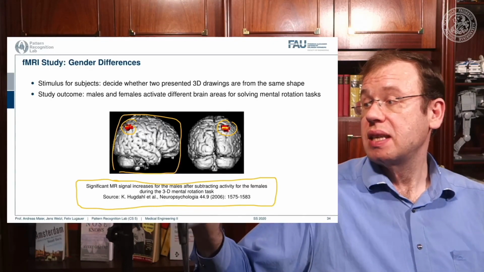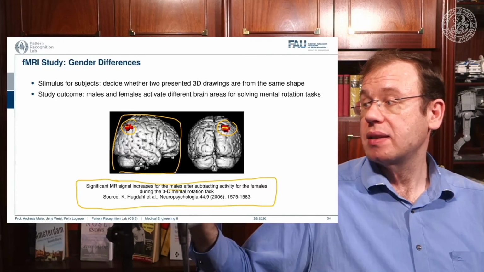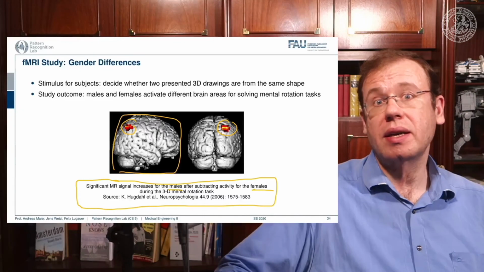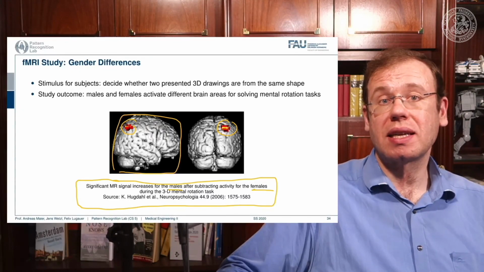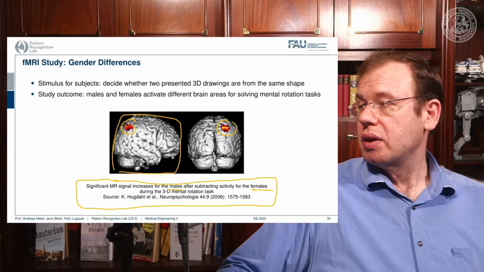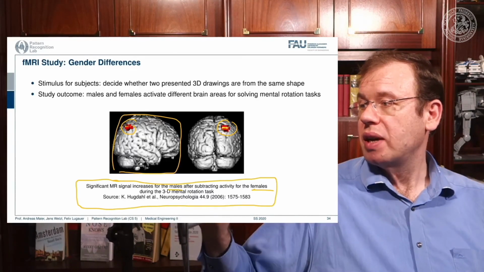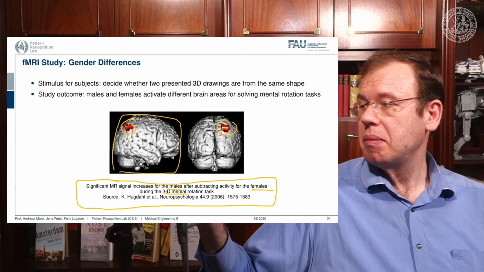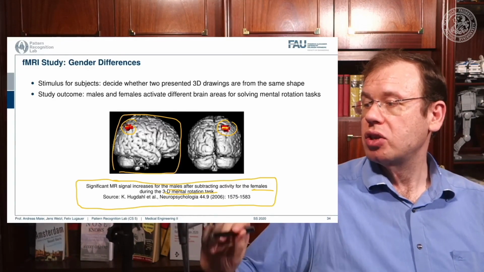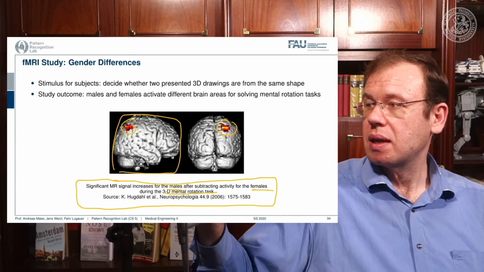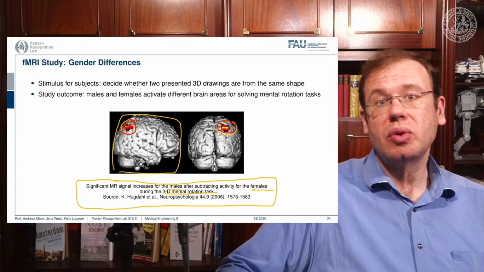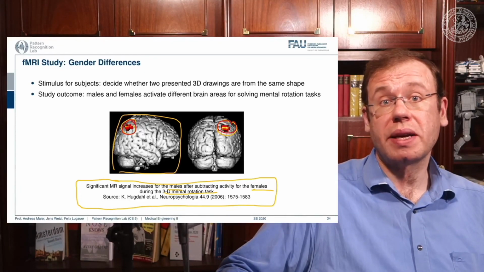Here you see an average over males and females, and they could identify a certain area that was activated differently in males and females for a specific stimulus. Here you have the difference during a 3D mental rotation task. In a 3D mental rotation task, this particular area of the brain is used in a different way between males and females.